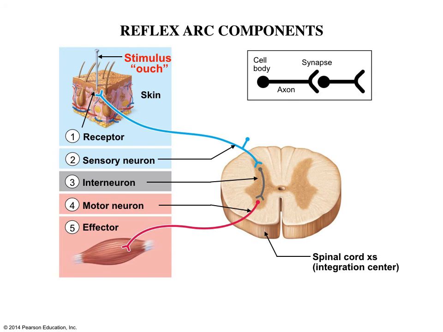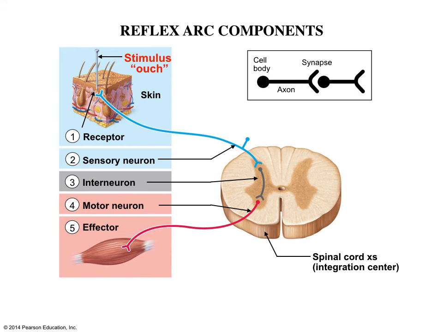The different components of a reflex arc would include, first of all, the stimulus. In this picture, it would be that awful looking nail going into the skin. That's a stimulus. Ouch. That information is received by receptors, carried towards the CNS via sensory neurons.